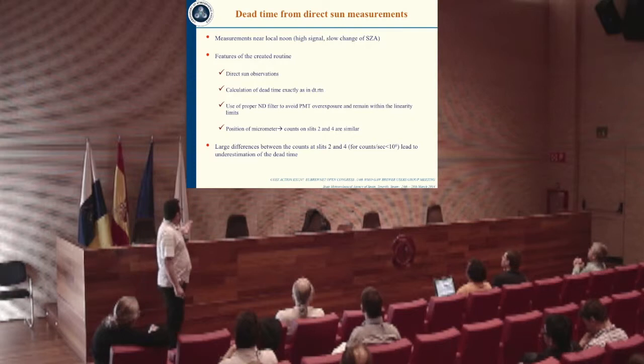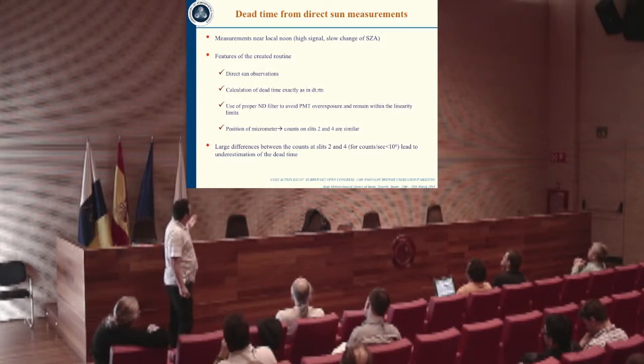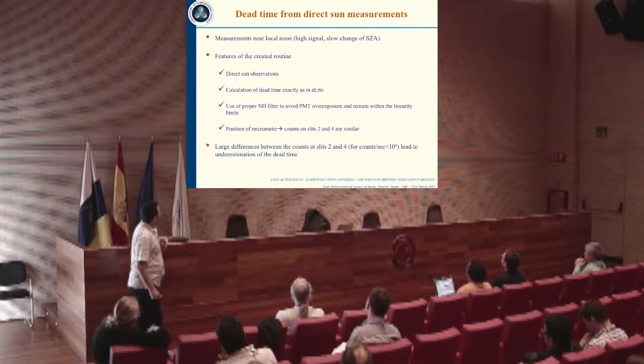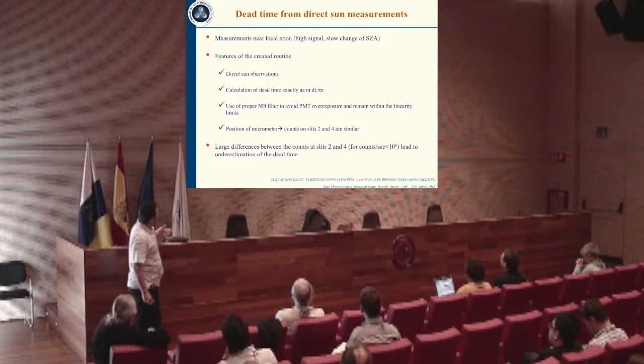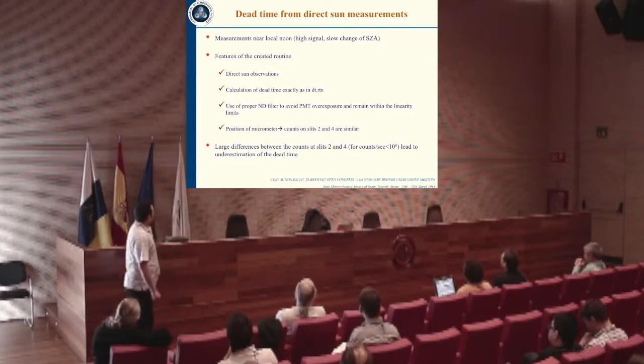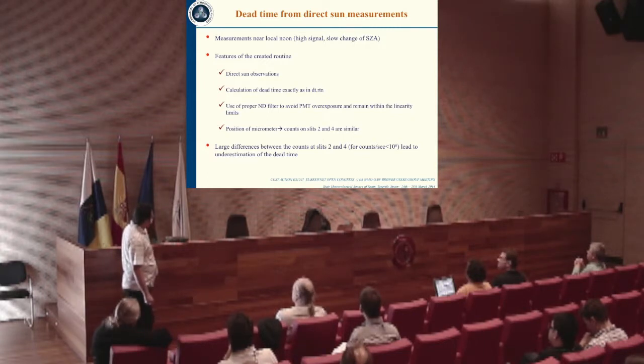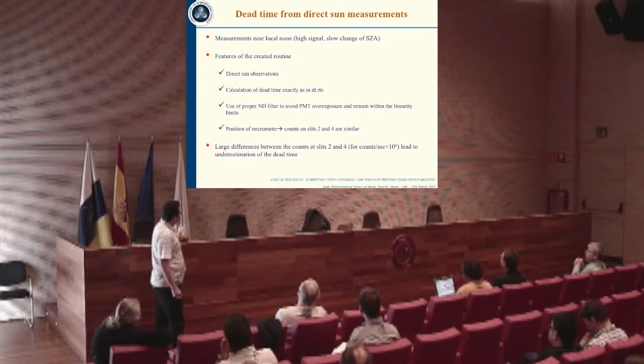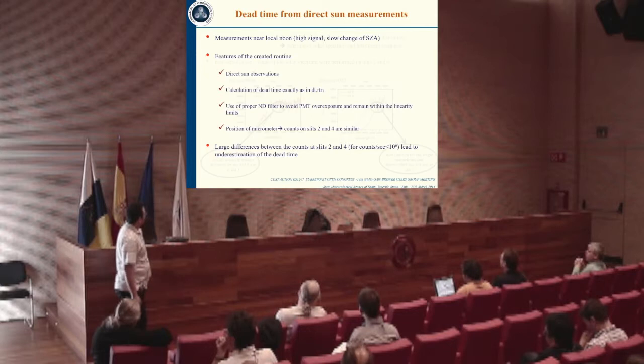The first is that we use a proper neutral density filter when the irradiance is measured in order to prevent the photomultiplier from overexposure and to remain within the linearity limits. The second is that the position of the micrometer should be such that the counts on slits 2 and 4 are similar. This is because large differences between the counts at slits 2 and 4 seem to lead to underestimation of the dead time.